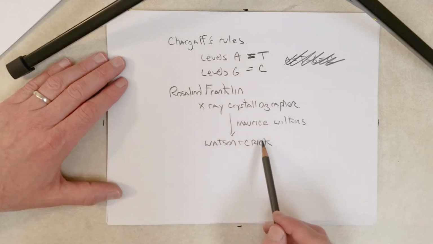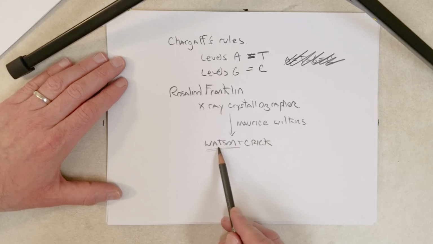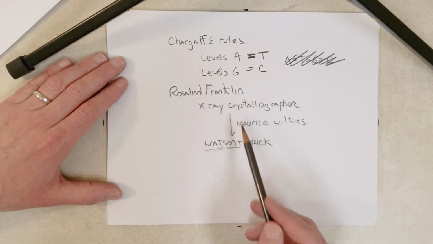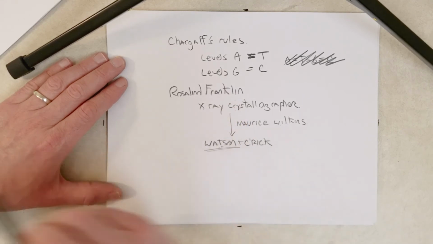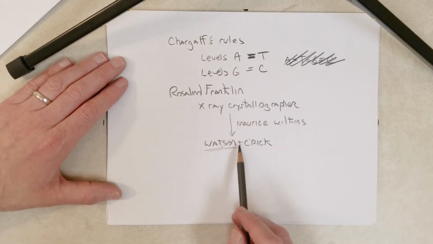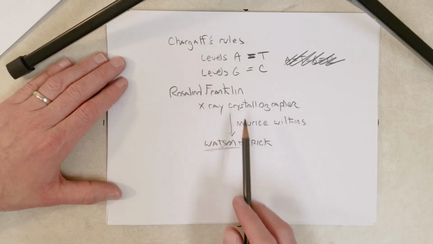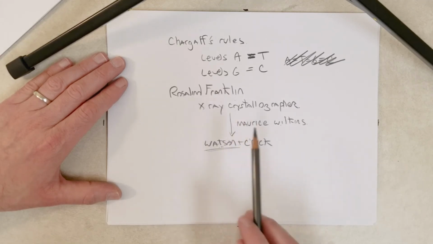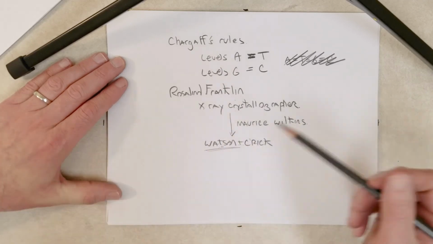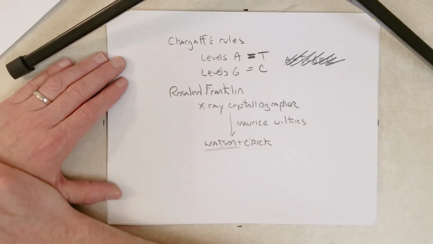The story goes, and I think Watson wrote a book called The Double Helix, that when Maurice showed Rosalind's data to these two, they knew exactly what they saw, and that was the missing piece. They were able to quickly interpret the data and make sense of things they had been thinking about for a long time. They said, "Oh, okay, that's the missing piece. That's the information we need to make our model work." So with that data, they were able to come up with the Watson and Crick model of DNA.